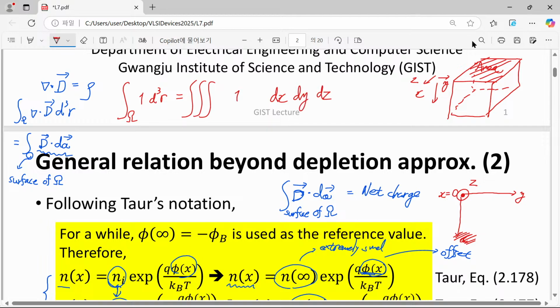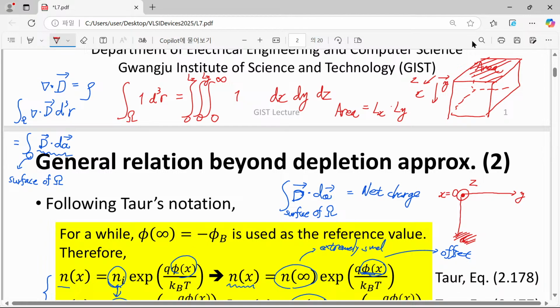Then this corresponds to x from 0 to infinity, y from 0 to Ly, and z from 0 to Lz. So our area is the product of Ly and Lz. Are you with me?